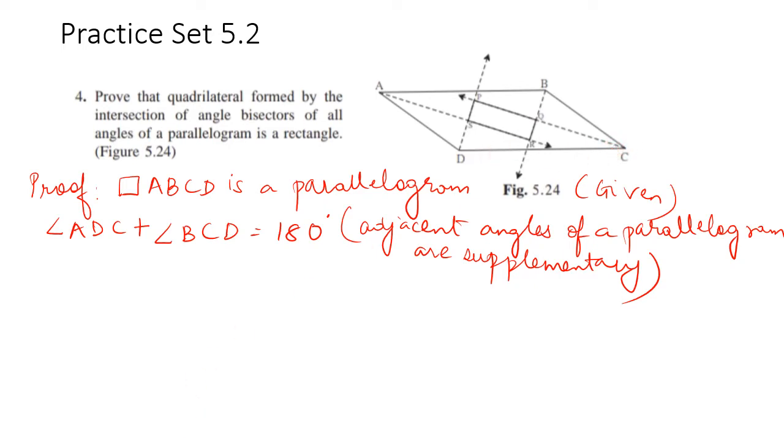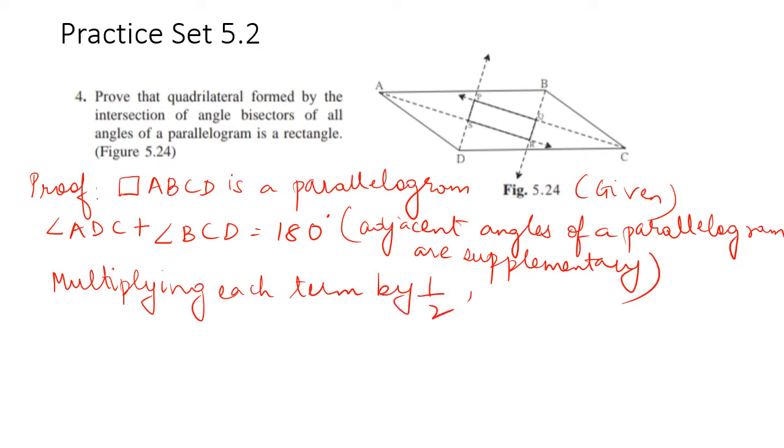So what if we multiply each side, or you can say each term, by half? We would get half of angle ADC plus half of angle BCD is equal to half into 180 degrees.